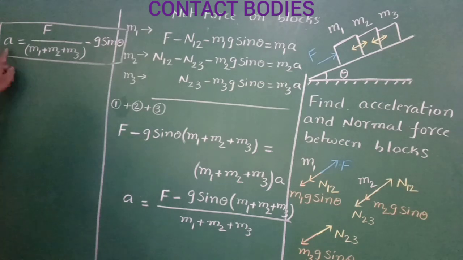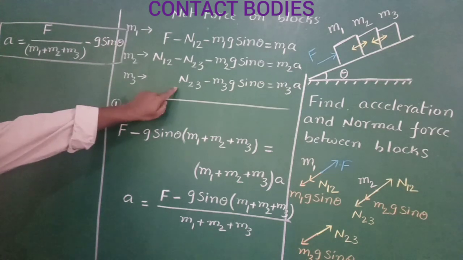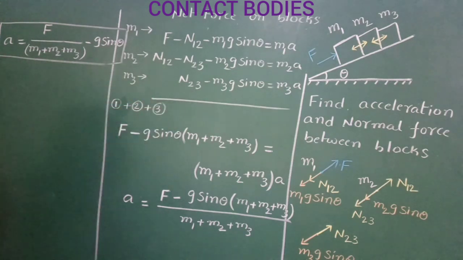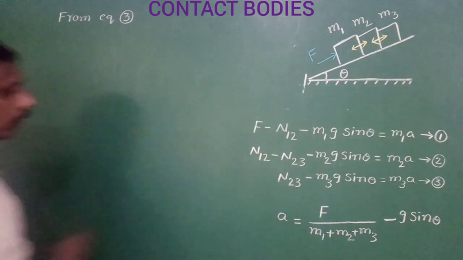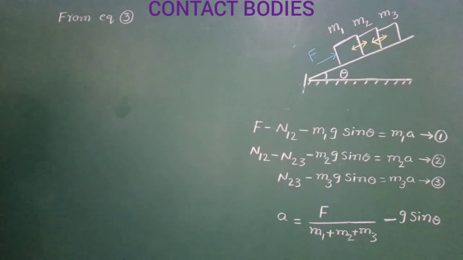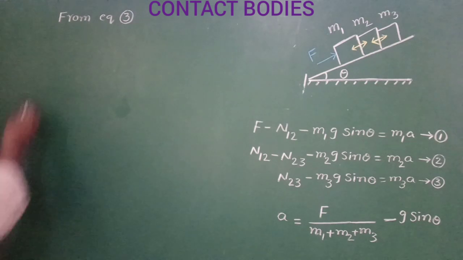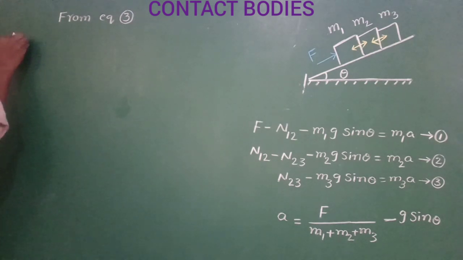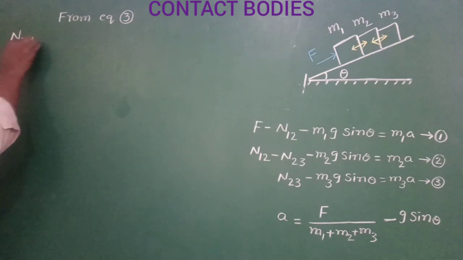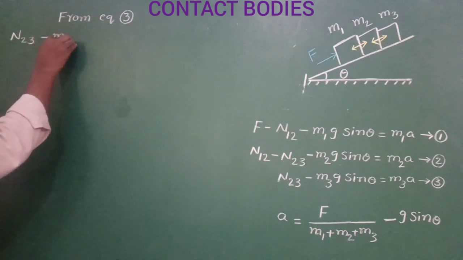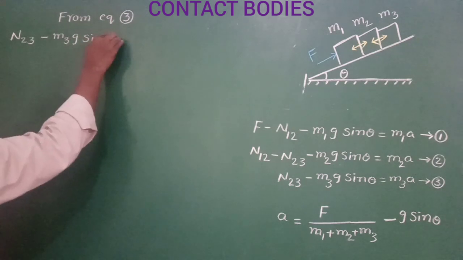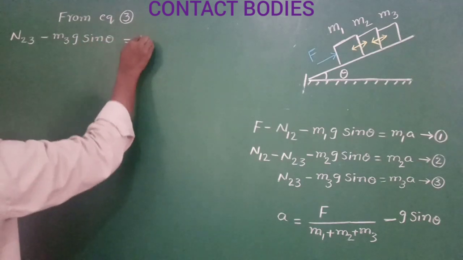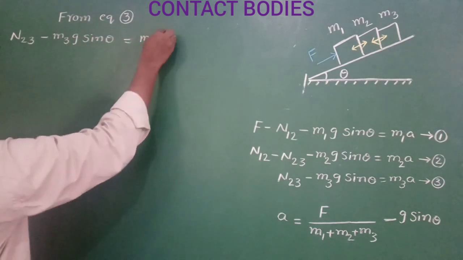Now we substitute the a value in this equation, then we get the normal reaction between the second block and third block. From equation 3, n23 minus m3 g sin theta is equal to m3 into a.